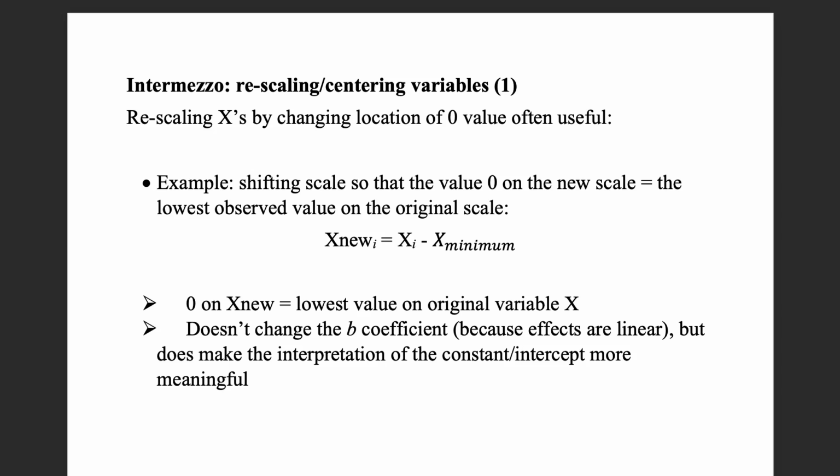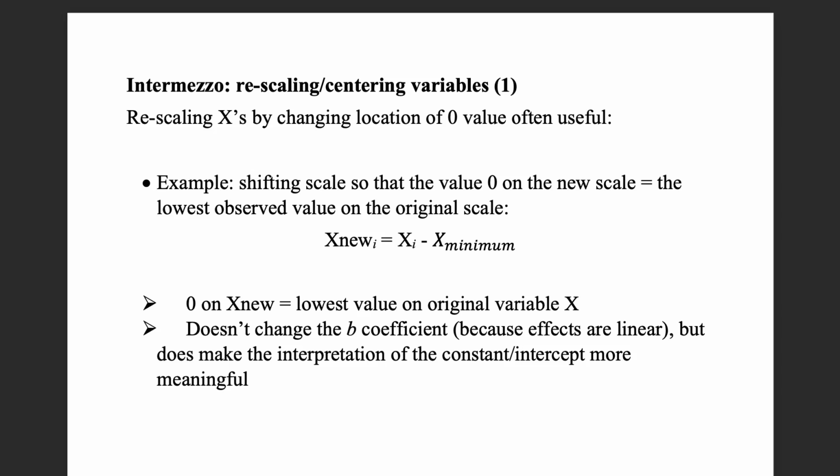Suppose we have a multiple regression model with age and income, and we first rescale them in such a way that 0 on the age variable now refers to the youngest observed person in the data set, and 0 on the income variable now refers to the persons with the lowest observed income. So the persons that would, for instance, be 18 years old on the original variable of age, and that would score a 1 on the income variable.